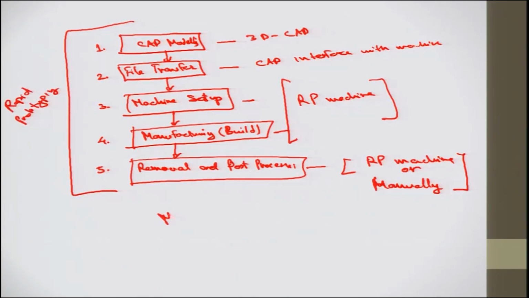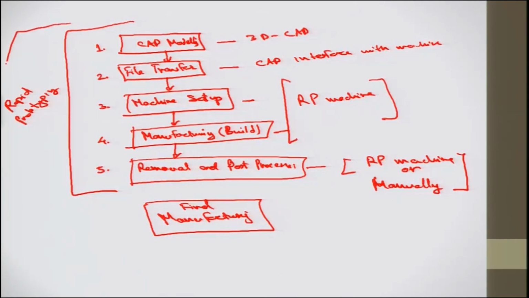Further, when we do final manufacturing here, and if it is also done with the additive process, we can call it additive manufacturing. If it is not with additive process, then again it is production here. But the feedback is taken from here only.